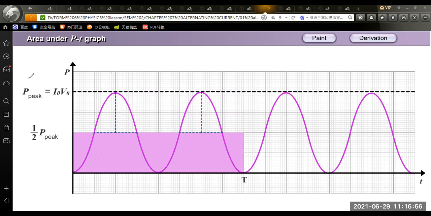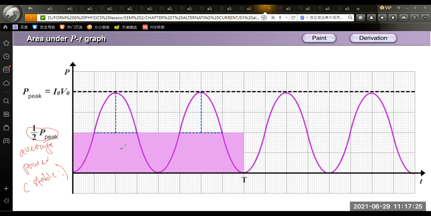This is the maximum that can be achieved, but not at all times. This half peak, we can say, is the average power, which is stable, where at all times it will be around half the peak power.